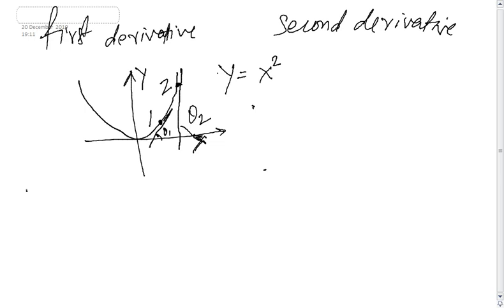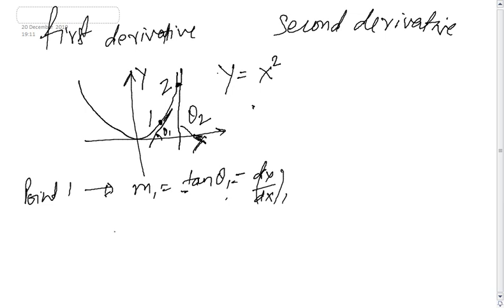At point 1, what is happening? M1 is equal to tan theta 1, which is equal to dy by dx at point 1.